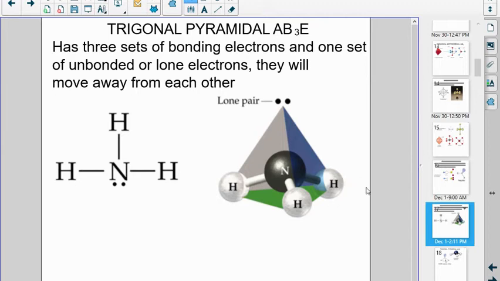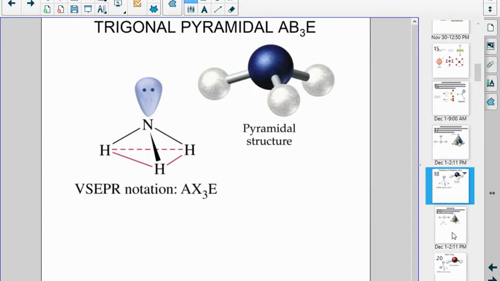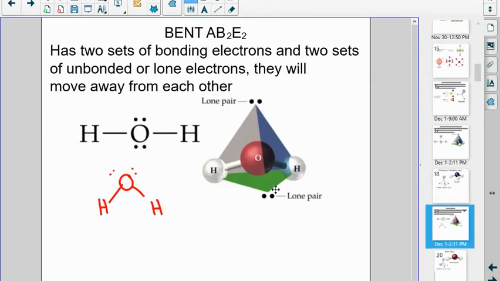So it looks like a trigonal pyramid. If we replace the second one of these, picture that tetrahedral where we have 4 bonds coming off that central atom, the 4 atoms.